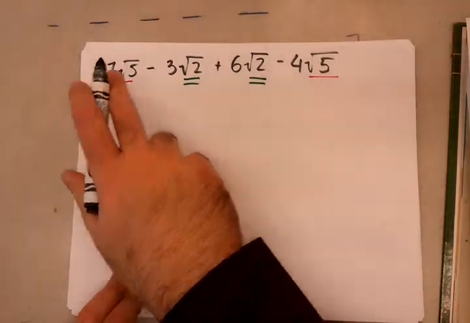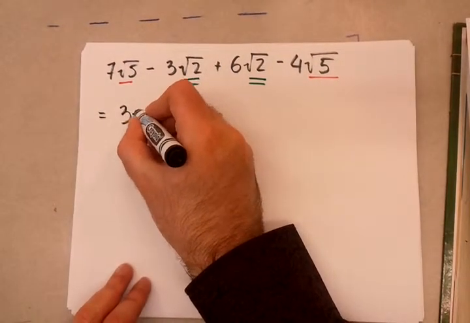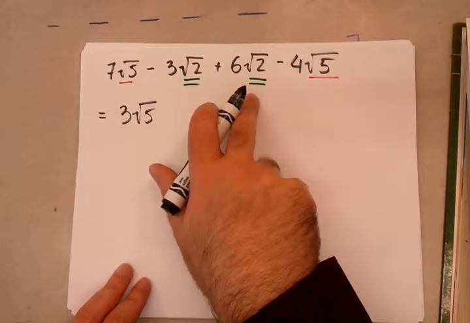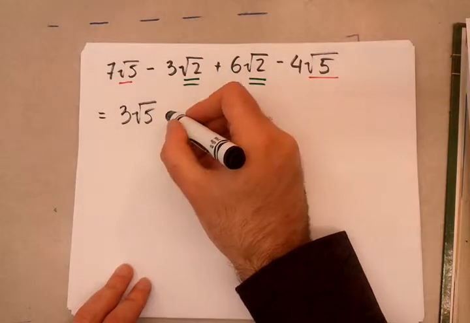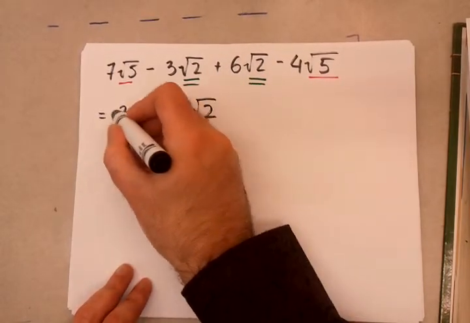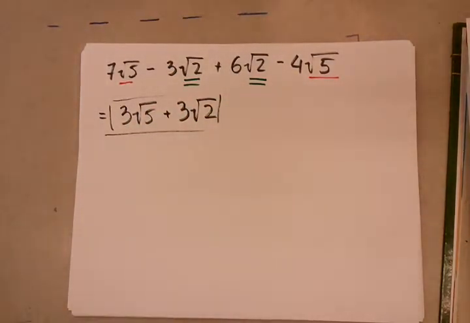So 7 root 5 minus 4 root 5, that yields me 3 root 5. Negative 3 root 2 plus 6 root 2 yields me a positive 3 root 2, and that would be my answer. So just as simple as that. You treat the different roots as if they were variables. So anything with the same root you can combine. Anything with a different root you can't combine.